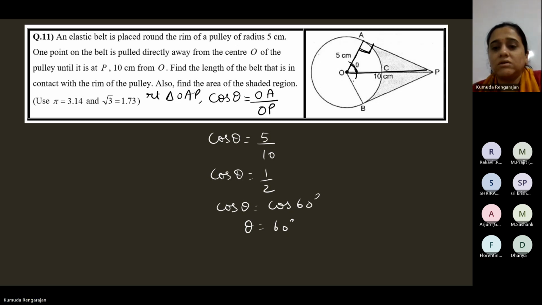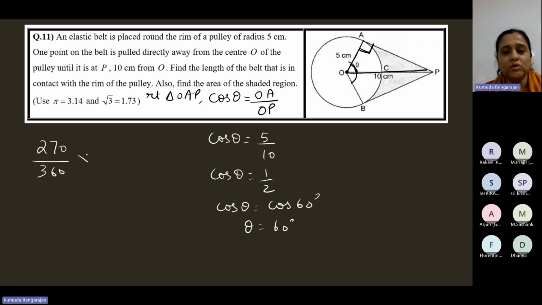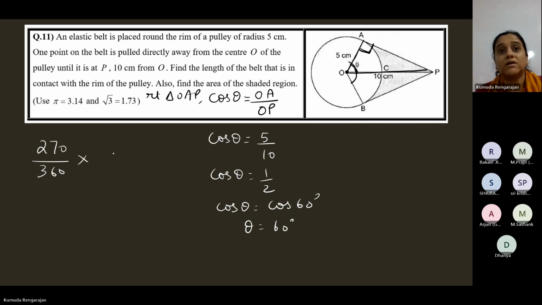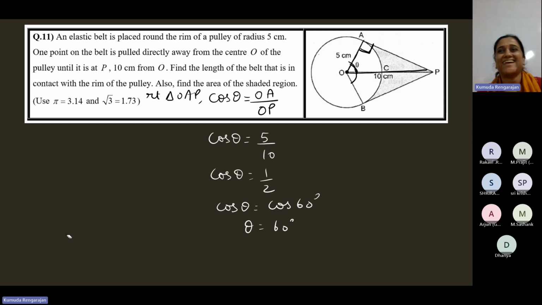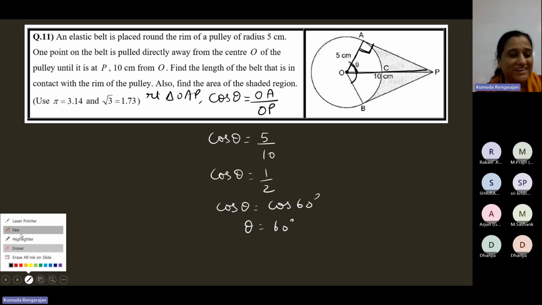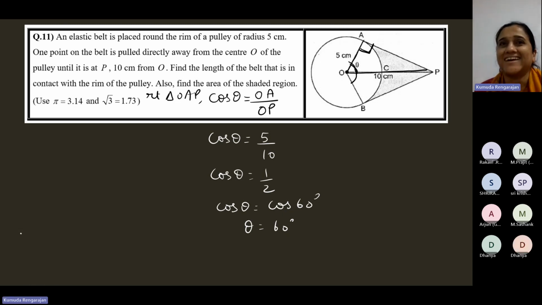So now tell me, how do you find the length of the belt in contact with the pulley? What's the formula? What's the angle? Tell me the angle straight away. 270? 270 by 360 into... Oh my God. See, not 270. 120 is the sector angle, right?